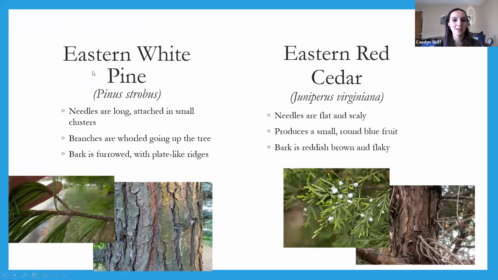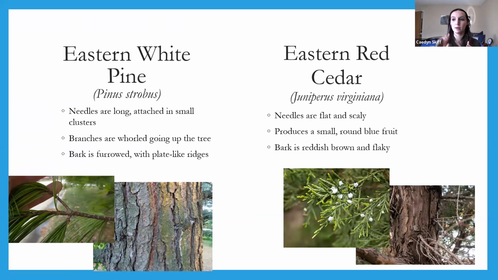There we go. And then the last two trees are getting into those conifers. So we have eastern white pine. It has those very long, thin needles, which are in small clusters attached to the tree.